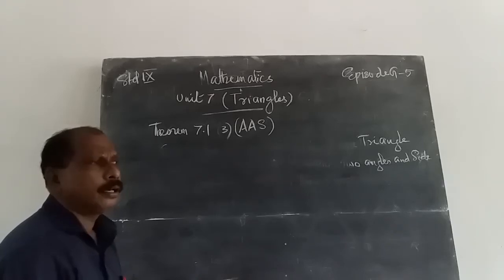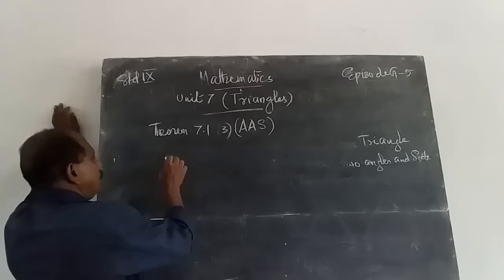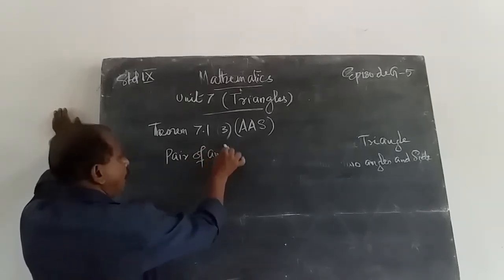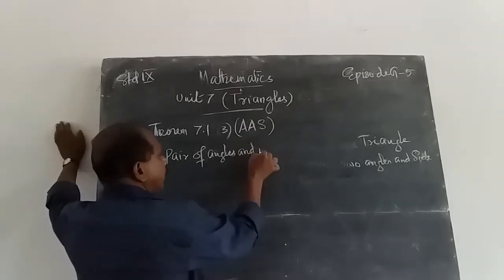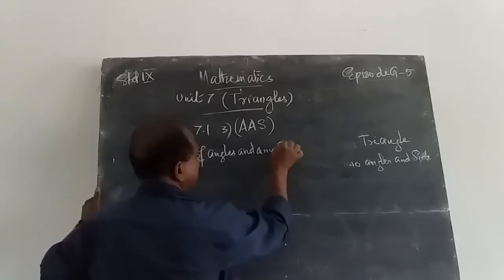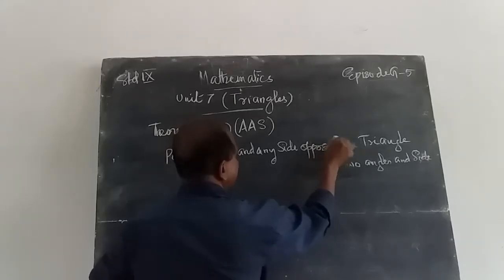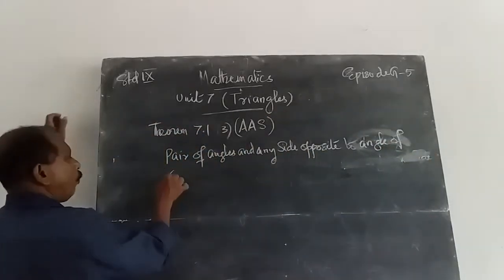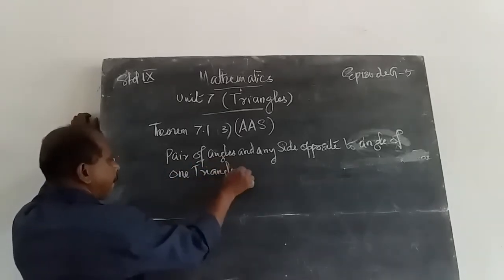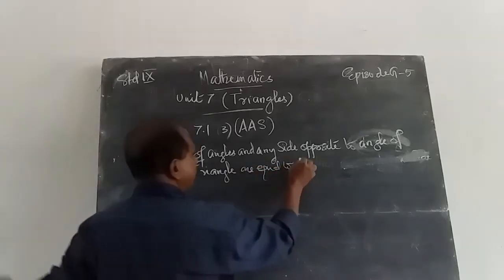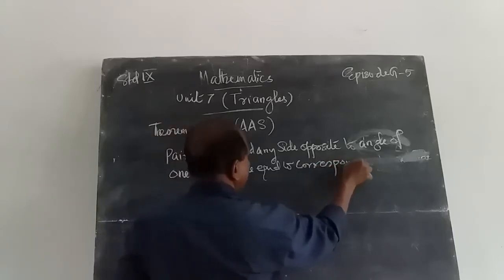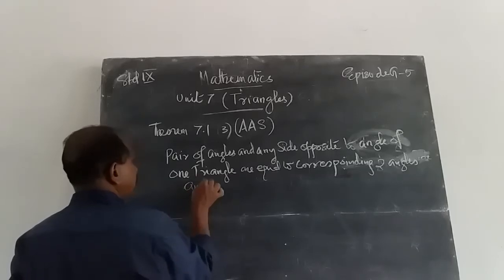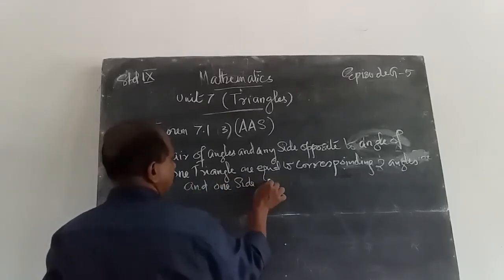AAS means two angles and one side. That means any two angles and any side opposite to an angle of one triangle are equal to the corresponding two angles and one side of another triangle.